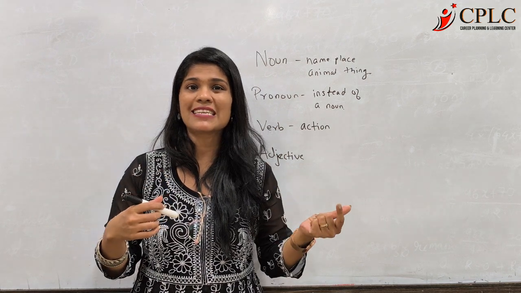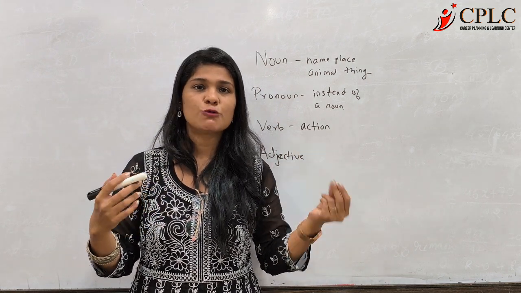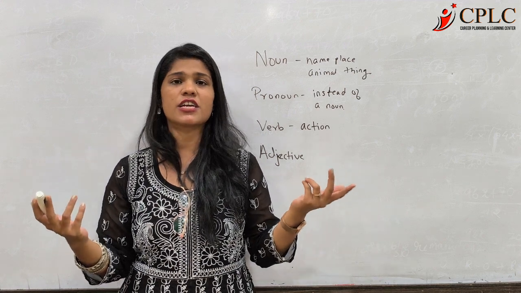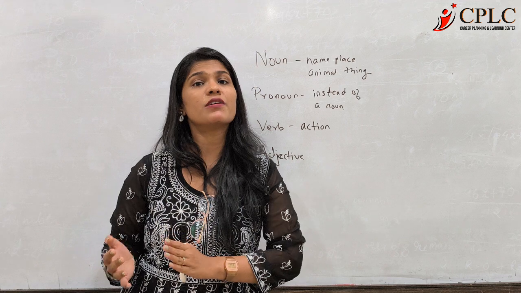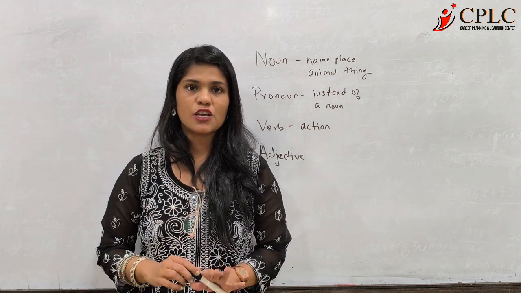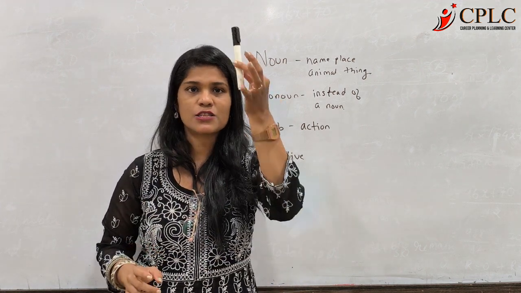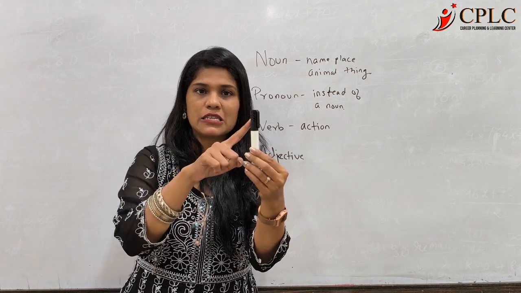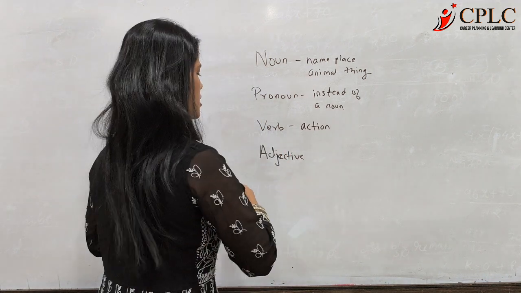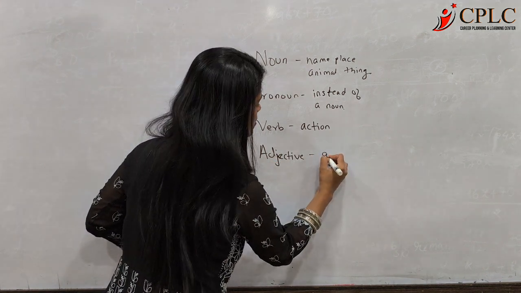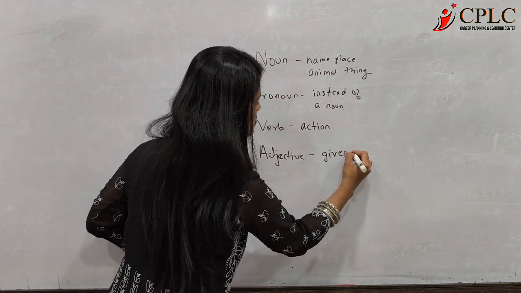A fast cycle, fast or speedy becomes an adjective. Now also remember, all the colors and all the numbers are always going to be adjectives. So this is a black marker and this is one marker. So black is an adjective, one is an adjective. So remember, all colors and numbers are adjectives.